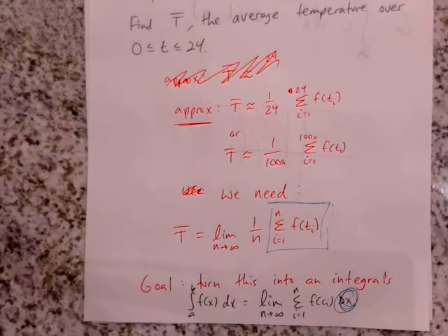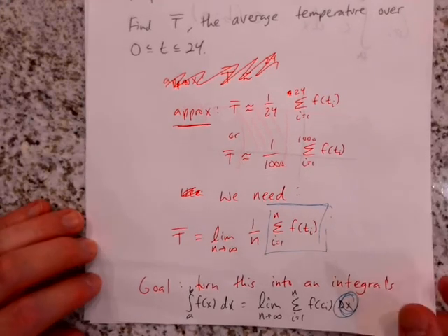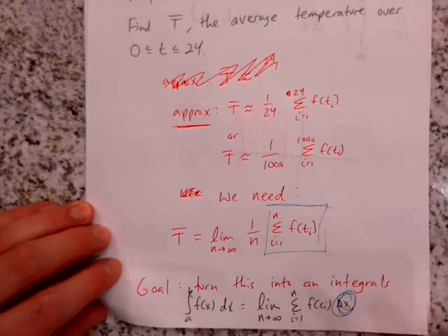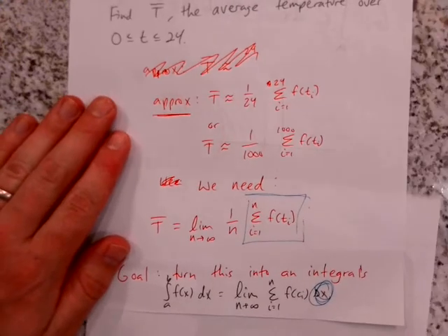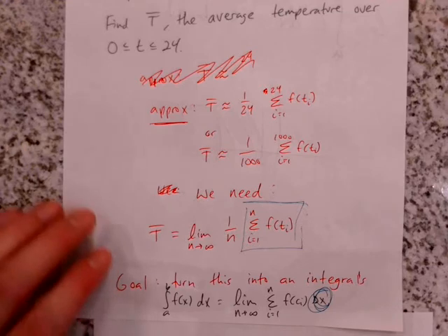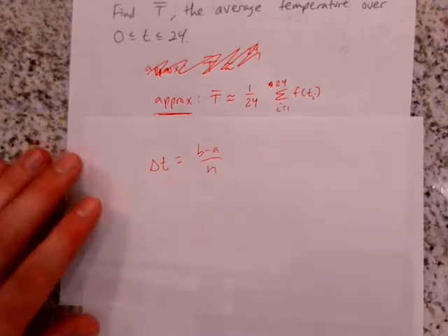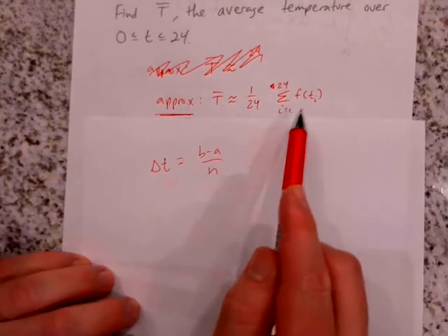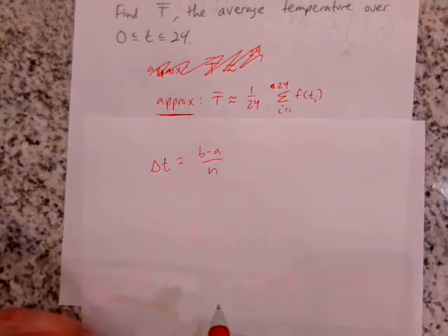So, one of the first things we do is figure out how to get delta x in there. Now, delta x, or in this case delta t, because t is the variable, is b minus a over n.